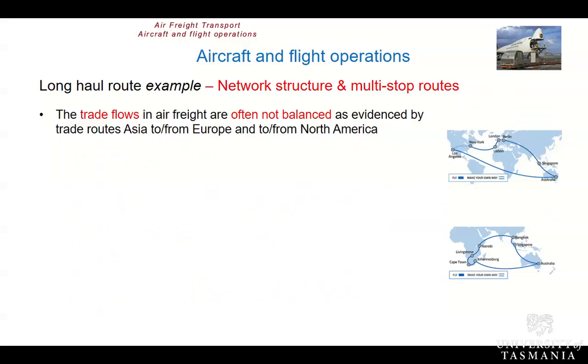Other performance issues for long-haul routes. We know that on a number of those long-haul routes the trade flows are not always balanced. So from Asia to Europe and Europe to Asia, and also Asia to and from North America, both those routes aren't the same balance.